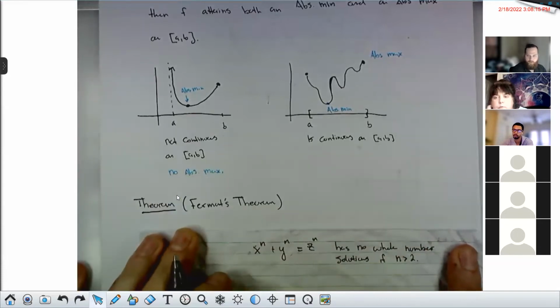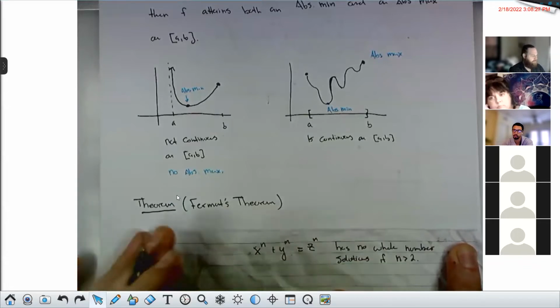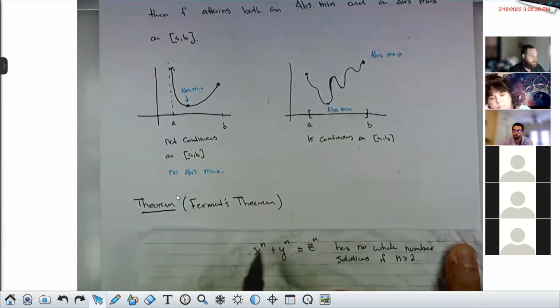We know that if n is equal to 2, there are lots of whole numbered solutions. They're called Pythagorean triples, right? Like think back to your 3, 4, 5 triangles, 3 squared plus 4 squared equals 5 squared. There's lots of others too. There's infinitely many Pythagorean triples. But if you make this power 3, like x cubed plus y cubed equals z cubed, no whole number solutions. If this power is 4 or 5 or 6, no whole number solutions.